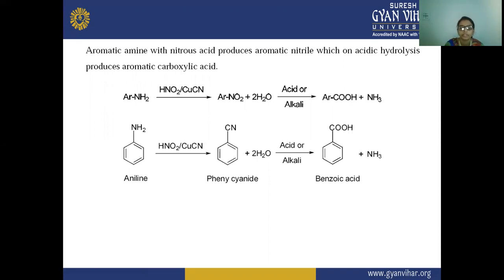Here we have taken the example of aniline. When aniline is reacted with nitrous acid in the presence of CuCN, that is your catalyst, there is the formation of phenyl cyanide, a cyanide group attached to the phenyl, and a water molecule. After that, acid hydrolysis occurs, and this phenyl cyanide is converted into benzoic acid plus ammonia.